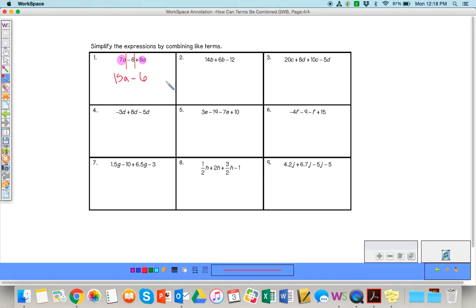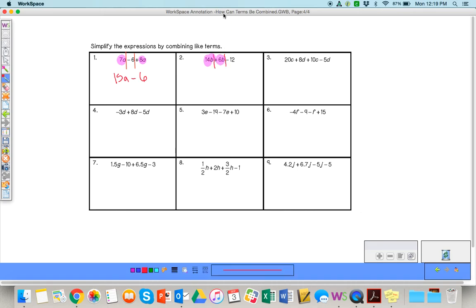So in this problem, I'm going to put a line in front of our plus sign and our minus sign. So we have three terms again. We have 14b, we have 6b, and we have a -12. So my like terms, 14b and 6b.